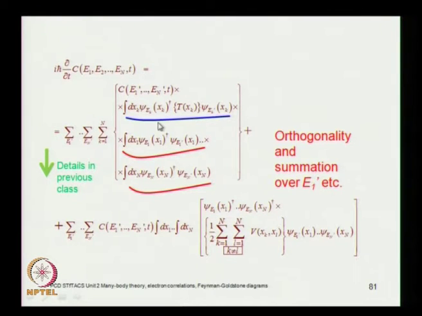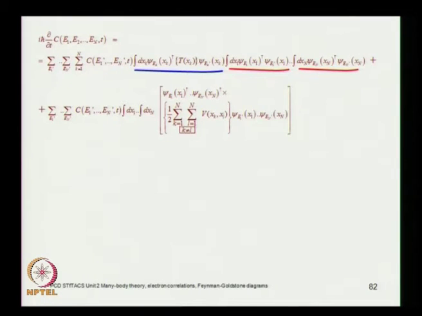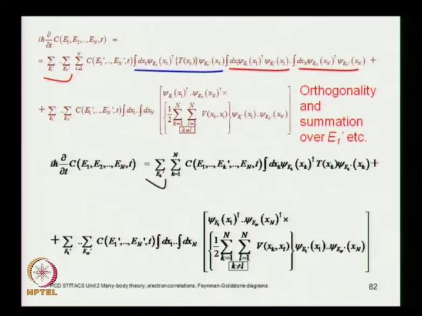All of these are independent degrees of freedom. So, we separated the integrations over various independent degrees of freedom. From the other ones we get orthogonality integrals. So, they give you either a 0 or a 1, right, and then when you sum over all of these E1 prime, E2 prime and so on, you contract all of those summations. So, you are left with only one sum in the kinetic energy term and with a double sum in the case of the potential energy term. So, this is where you get the contraction.